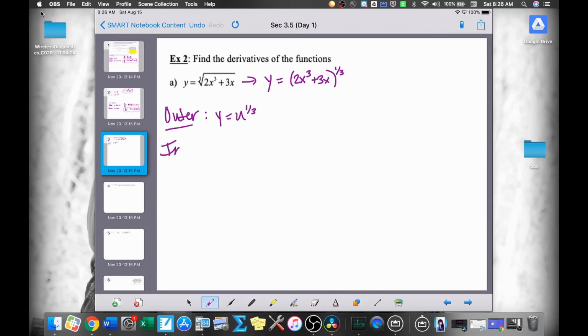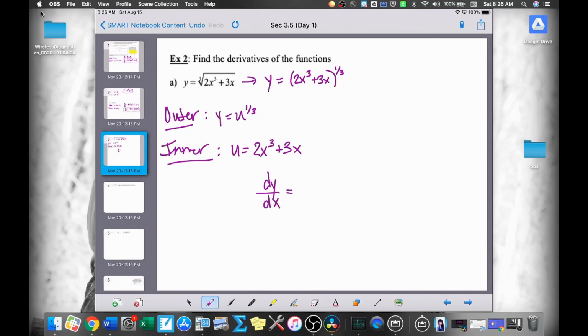And my inner function is going to be that something that's being raised to the 1/3 power. So u is going to be equal to 2x cubed plus 3x. All right, so now we do exactly what we've been doing. Our derivative, again, call it dy dx, call it y prime, doesn't matter. I like to switch it up back and forth just so that you're always used to both notations.